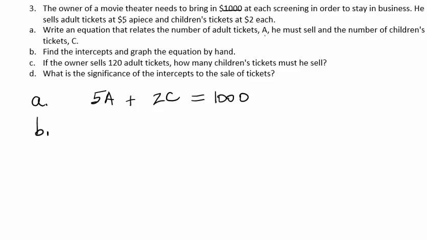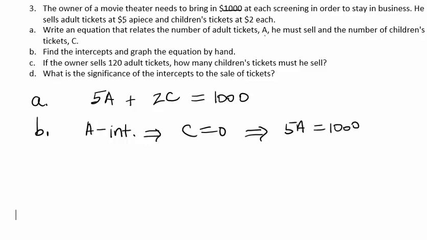Part B, find the intercepts and graph the equation by hand. So we have 2 intercepts. The A intercept occurs when C is 0. You can just cover up this second term and you get 5A equals 1,000, and divide both sides by 5. So A is 200. And then the C intercept occurs when A is 0.